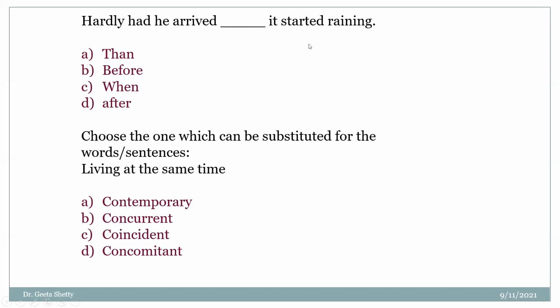Look at the next one. Hardly had he arrived, dash, it started raining. After it started raining, or than it started raining, or before it started raining, or when it started.